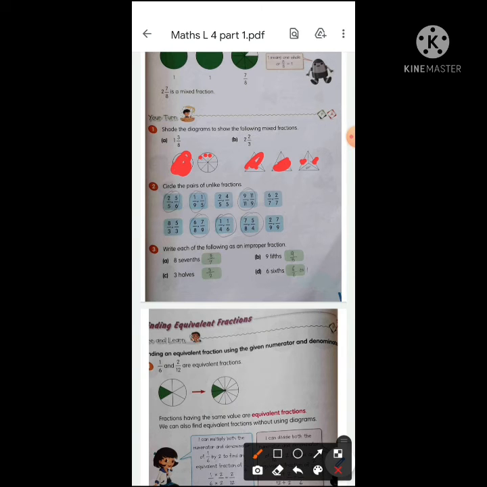So 2 upon 5 and 5 upon 6 is a pair of unlike fractions, means the denominators are not the same. 1 upon 9 and 1 upon 5 is also unlike. 2 upon 5 and 4 upon 5, the denominators are the same, so it is like. 9 upon 11 is not a like fraction. 6 upon 8 and 7 upon 9 is not like, so circle. 7 upon 8 and 5 upon 4 is also not like. 2 upon 9 and 7 upon 9, the 9 is the same, so it is a like fraction.